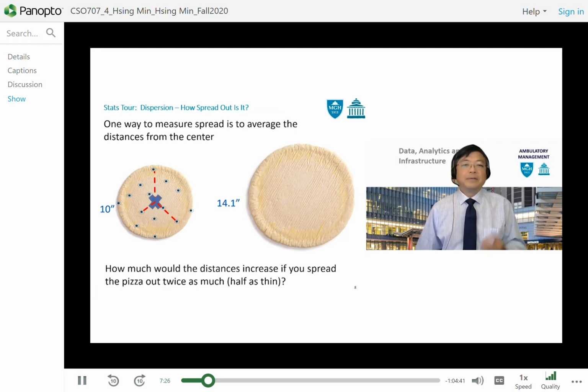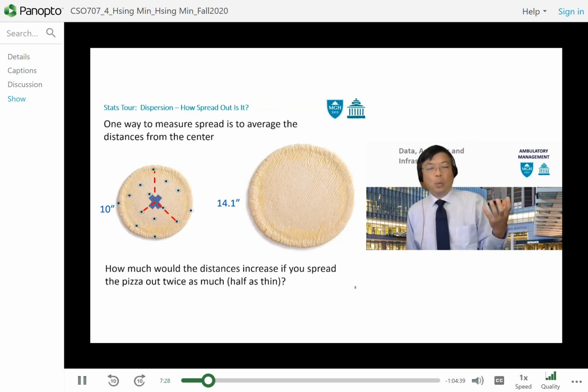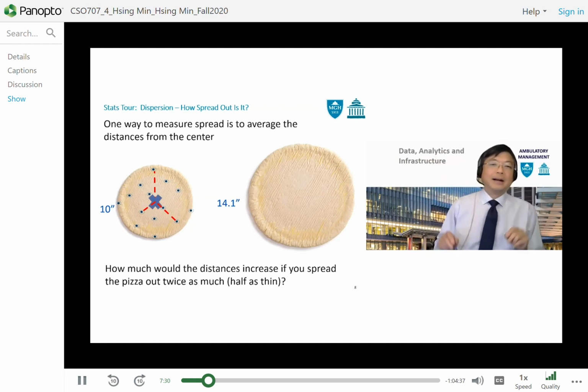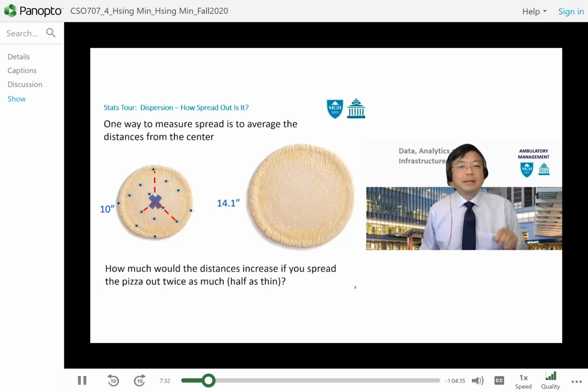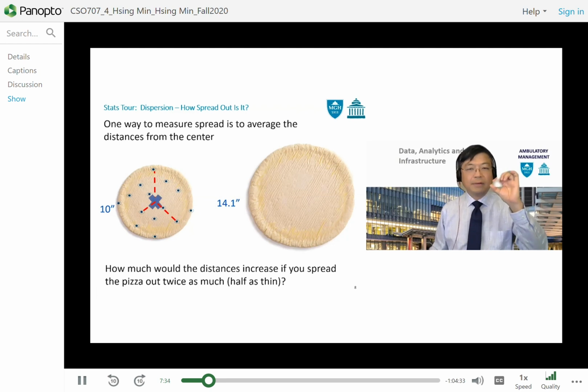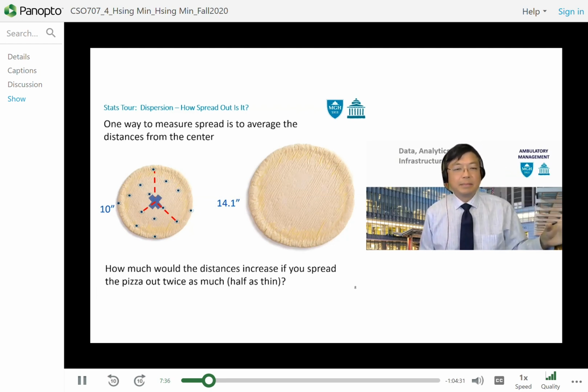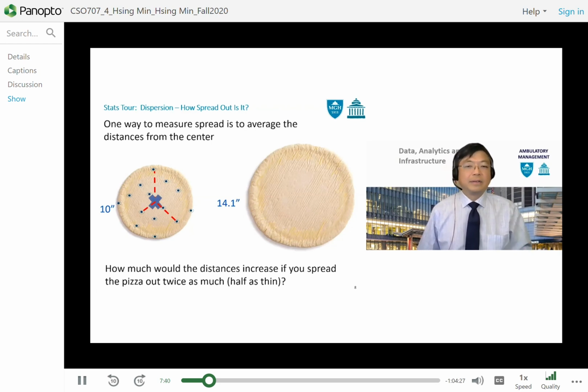We're starting with a fixed volume of dough. Volume is pi r squared times the height, the thickness of the pizza. If you double the radius of the pizza, multiply by 2, the radius squared goes up by 4, so the thickness has to go down to 1/4. So the answer is you double the distance, you quadruple the spread.